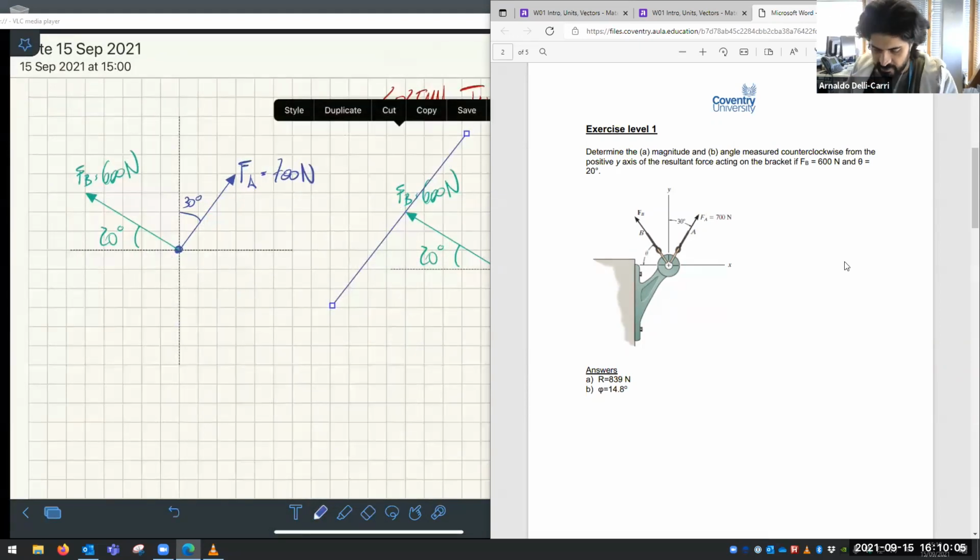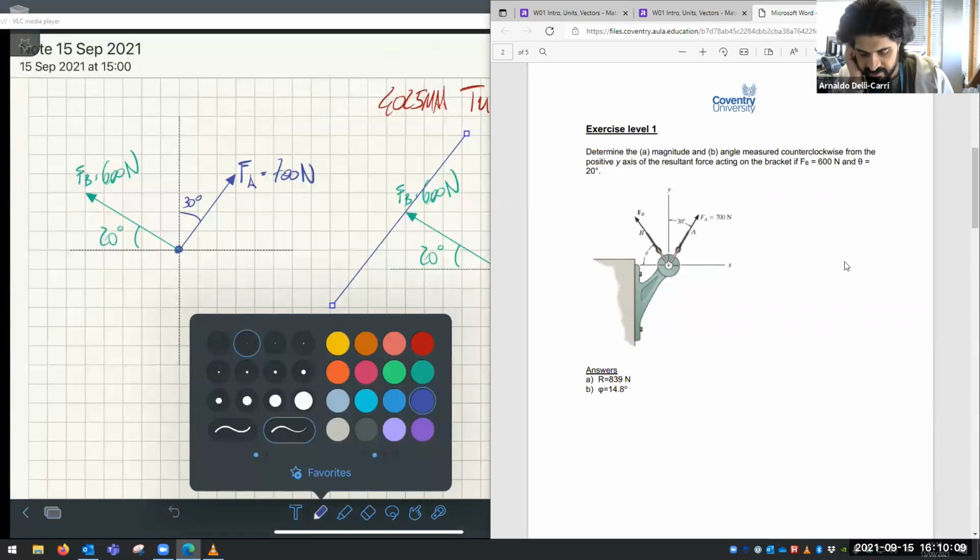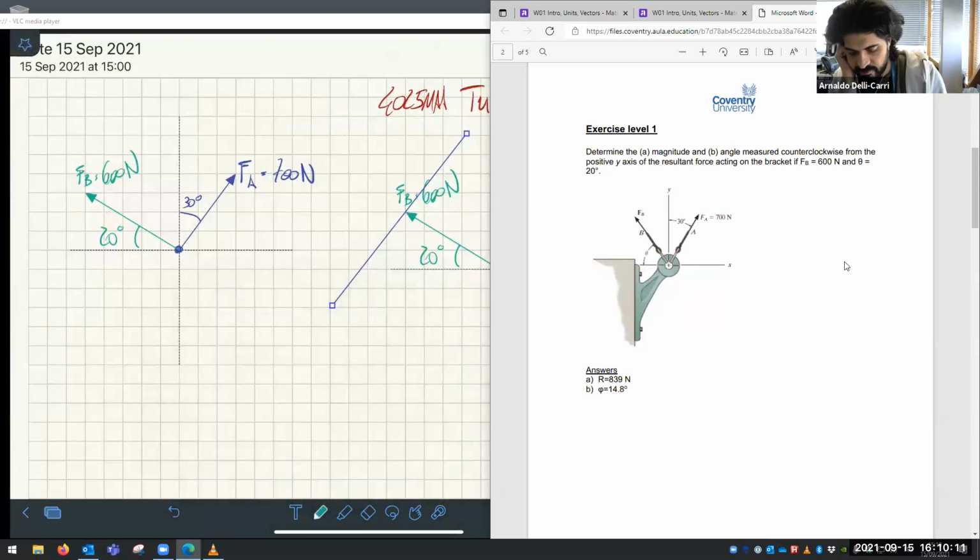So this is the perpendicular to FA, and this is the perpendicular to FB. So you take the parallel to FA and the parallel to FB, and then you find out that these intersect at a certain point, and this point is exactly the resultant. So this is the tip of the resultant.